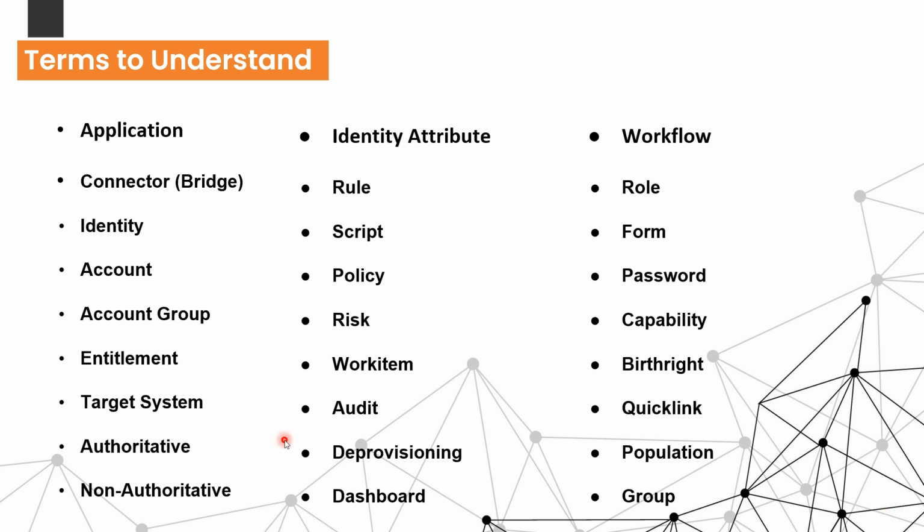A target system is nothing but any of the enterprise applications which you are targeting to integrate with IIQ, where you want to automate the user creations and user assignments, everything. That particular application is also called a target system.